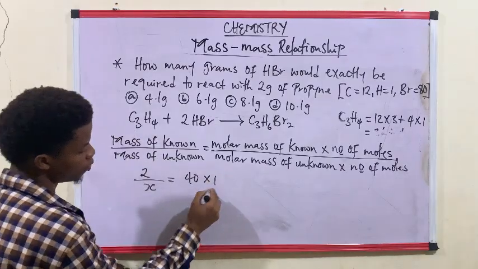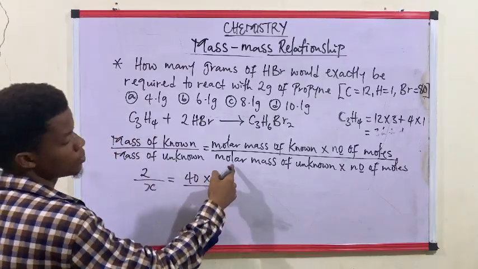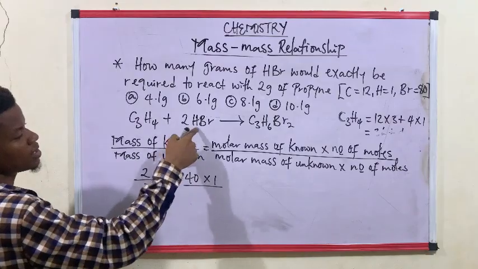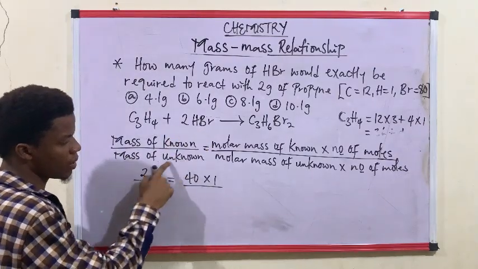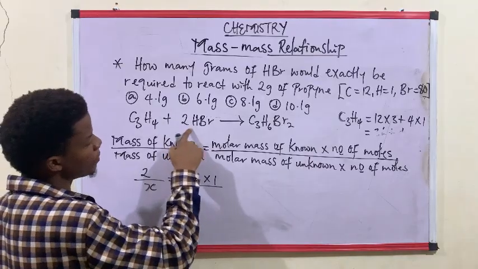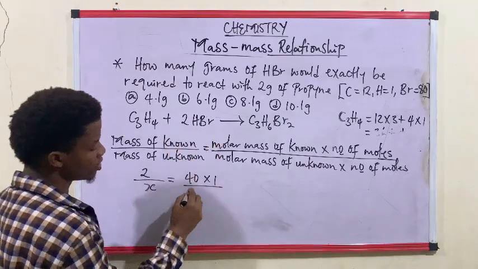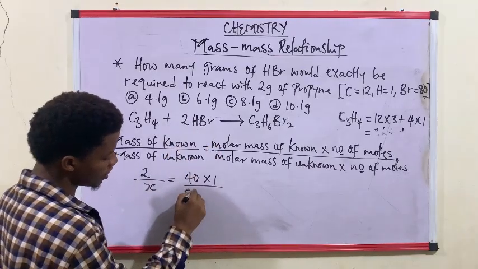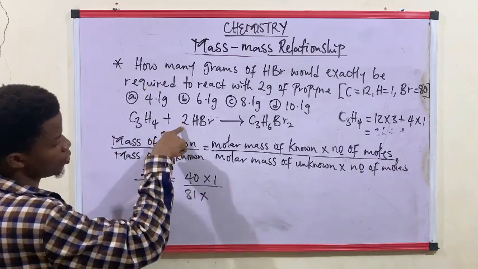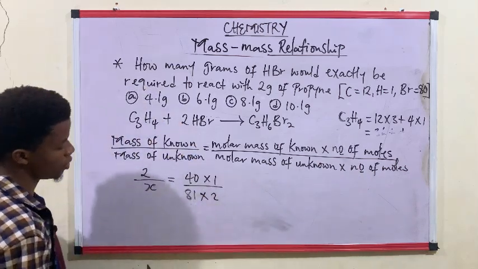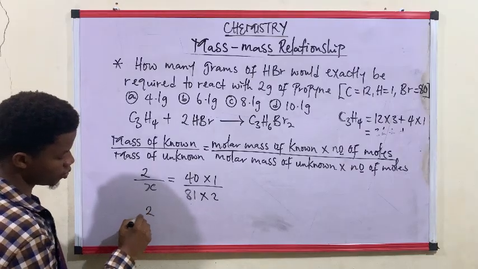Just 1. So 1, all over molar mass of unknown. This is our unknown. We are looking for the mass of this. So the molar mass of unknown is 81 times the number of moles of this in the equation, which is 2. So 2.